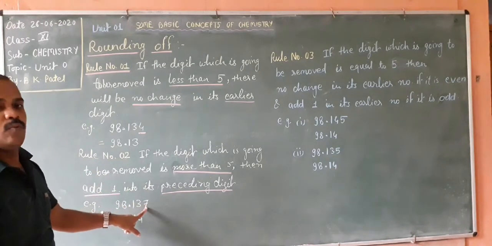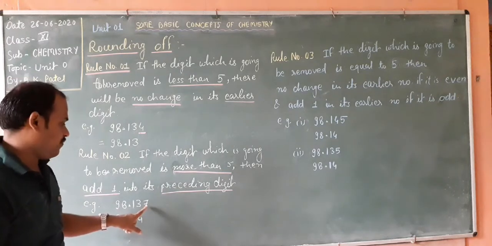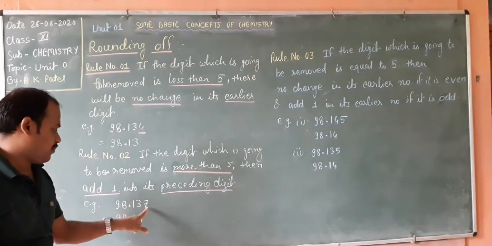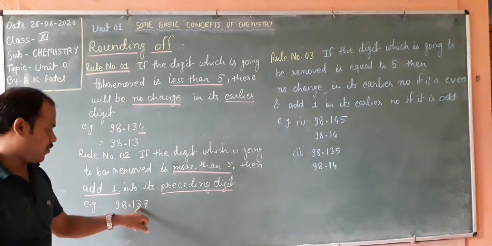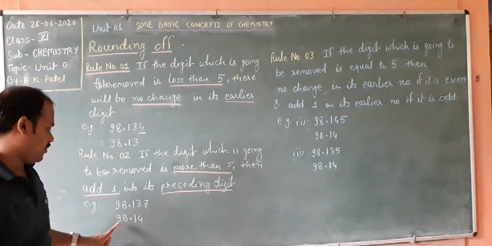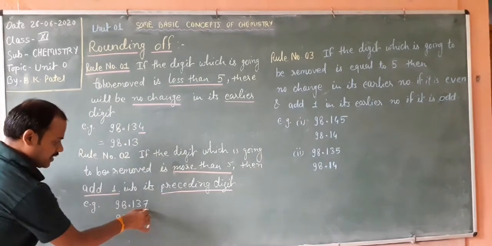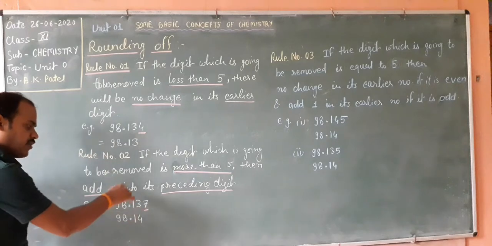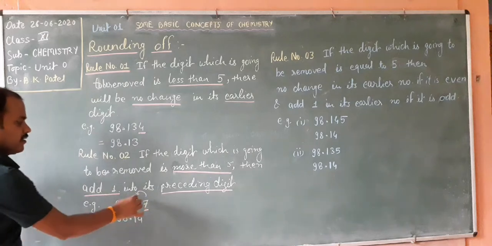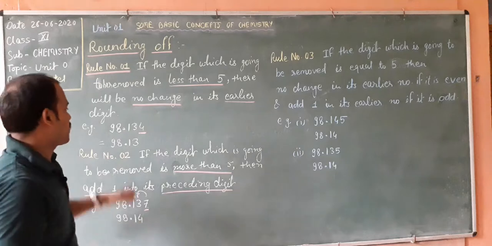Since this is more than 5, we will add 1 to the previous number. Its preceding number is 3, so we will add 1 to this 3, and this 3 will now be 4. So the answer will be 98.14. Since this is more than 5, that's why we are adding plus 1 to this 3.